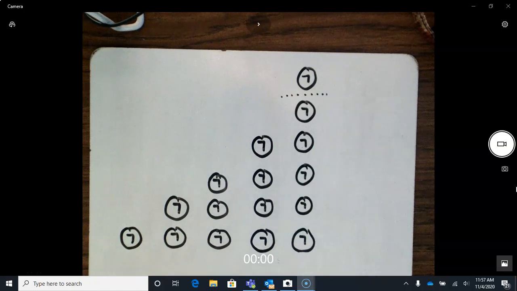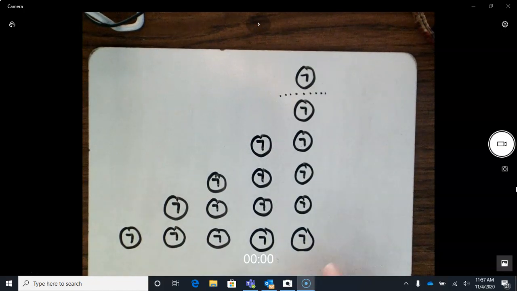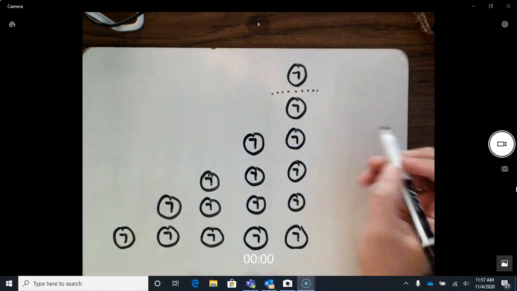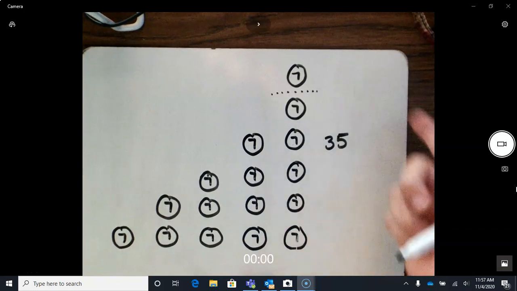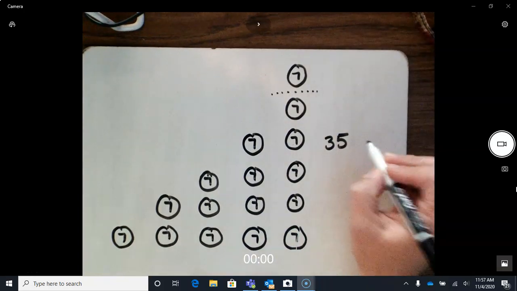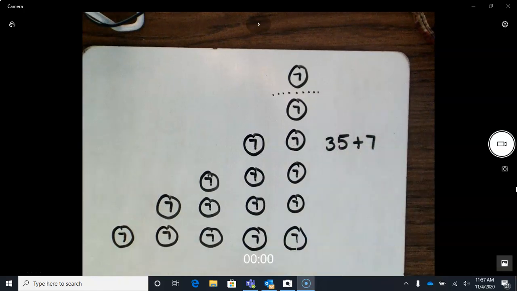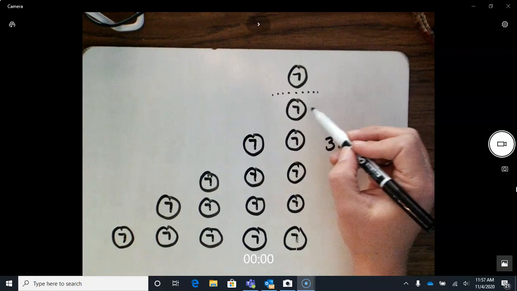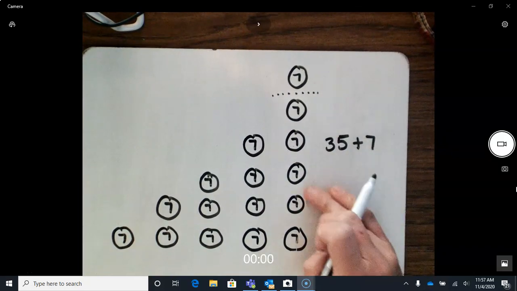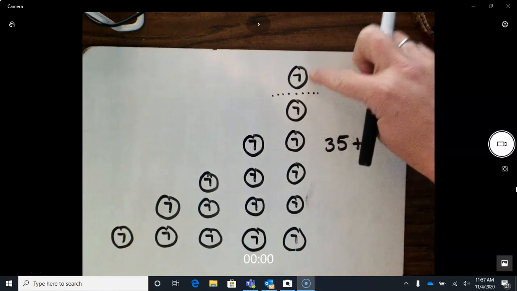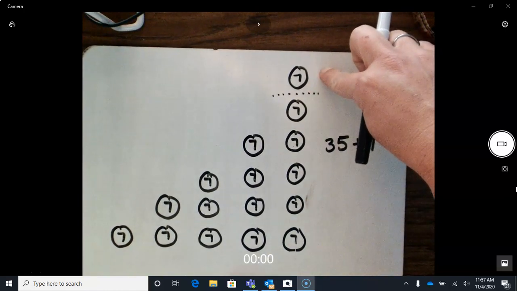So what is 5 7s plus 1 7? Yes, 6 7s. Now, we already know that 5 7s is the same as 35, right? But now we can't say that this column is just 35. It's now 35 plus 1 more 7. We grouped our 5 7s here, which equaled our 35, and we added that 1 more 7 that we just put at the top of our dotted line.